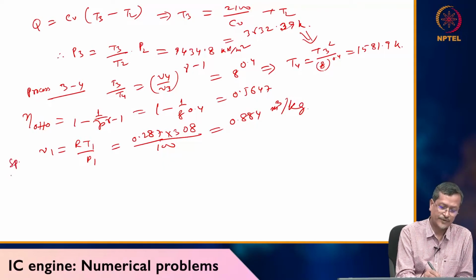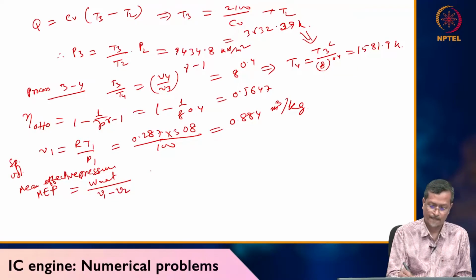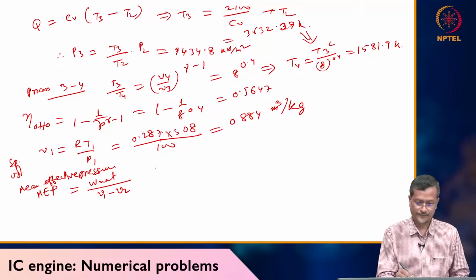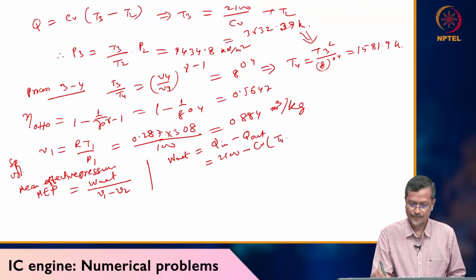This is the specific volume. Now the mean effective pressure, MEP, equals W net, how much work we are getting, divided by the specific volume V1 minus V2. W net equals Q in minus Q out, so 2100 minus Cv into T4 minus T1.